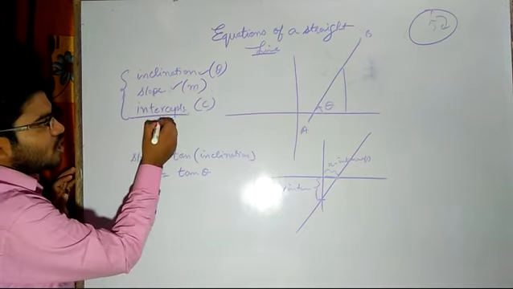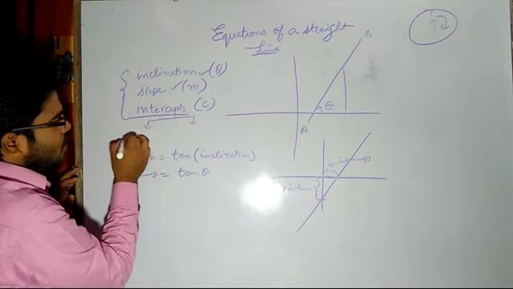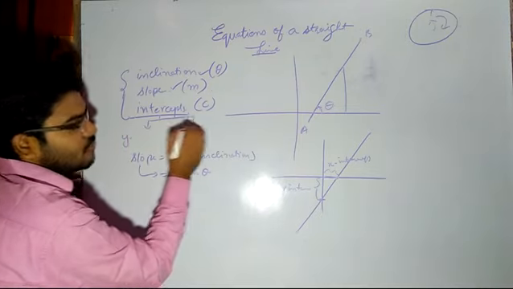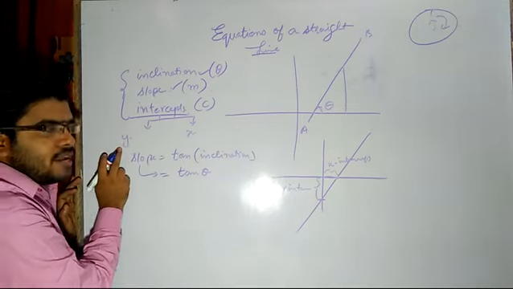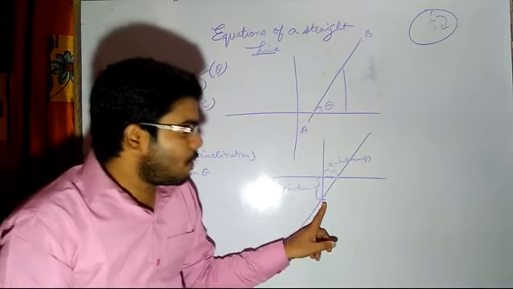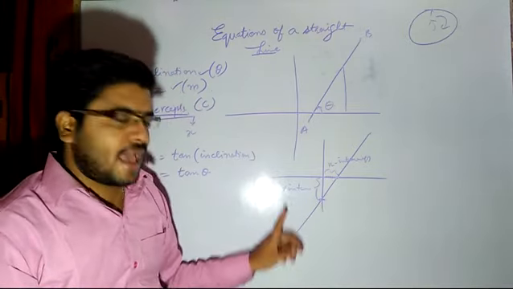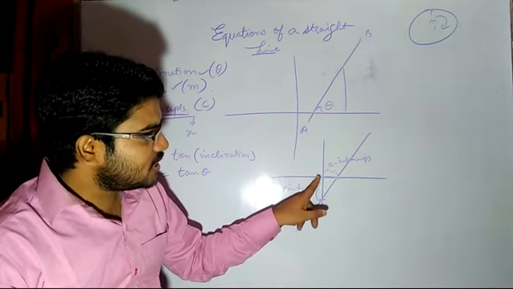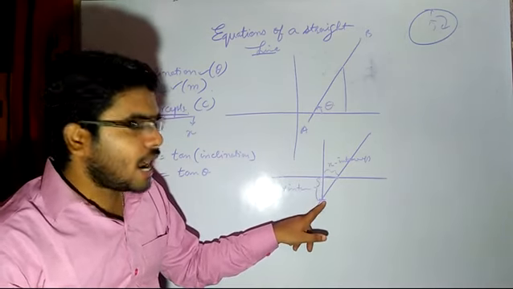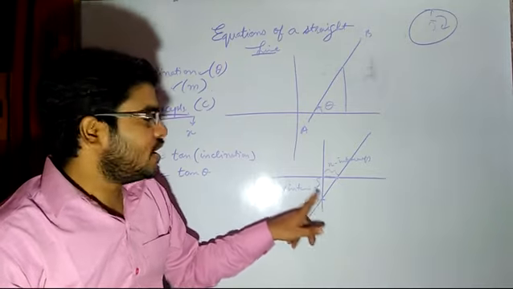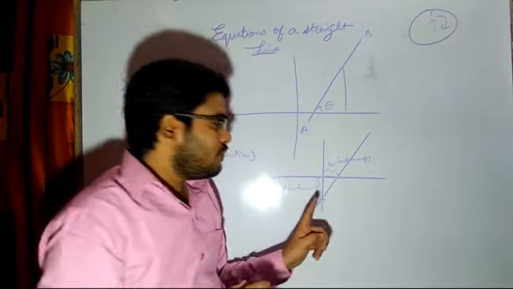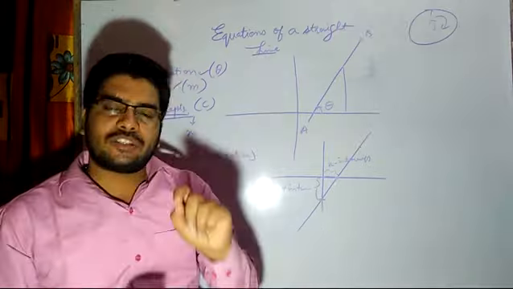Now intercepts are of two types: y-intercept and x-intercept. The distance from the origin to the point where the line intersects the axis is called the intercept. If it is on the y-axis, it will be called y-intercept.